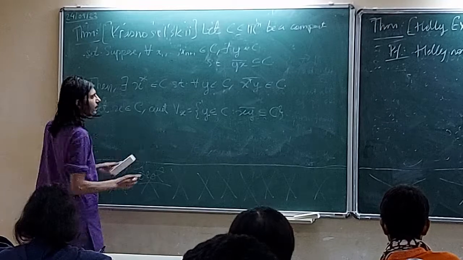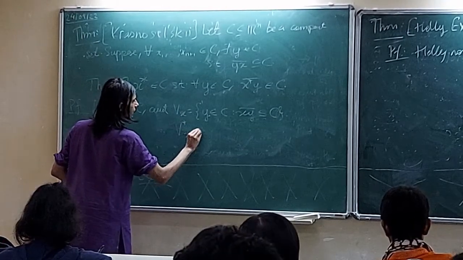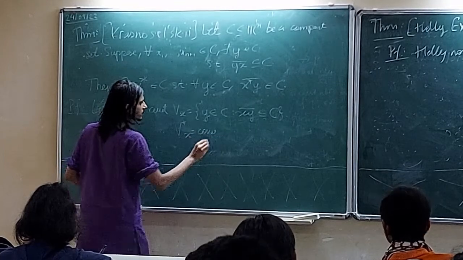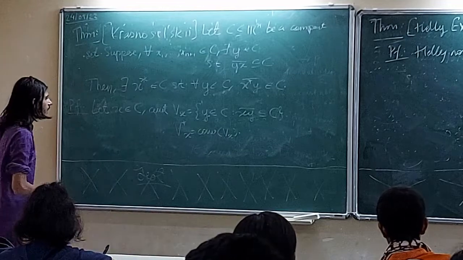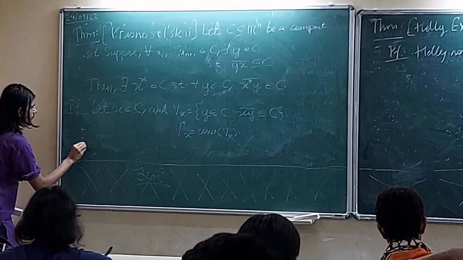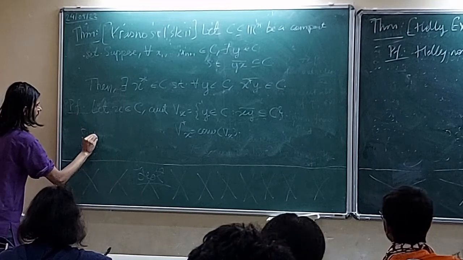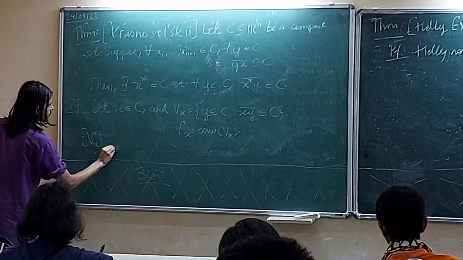And what I will do is, as I said, I will convexify this. So V star x is equal to the smallest convex set containing Vx. Okay? And I can do this for all x in C. So this is a collection V star x, x in C.